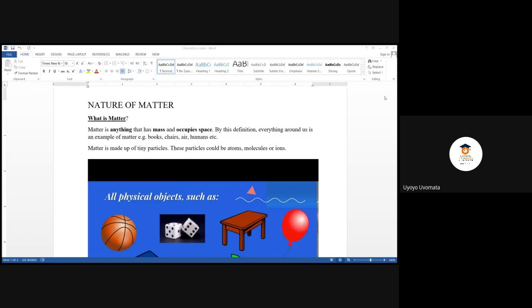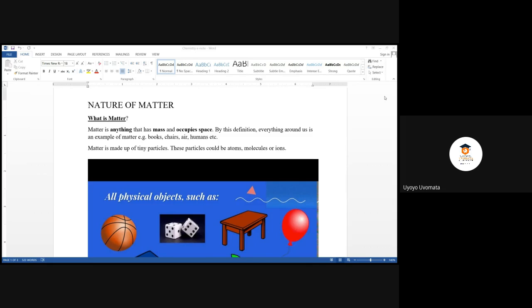Then we also consider the states of matter today. So we just start right away, with the help of the details on the screen, by going into what is matter.